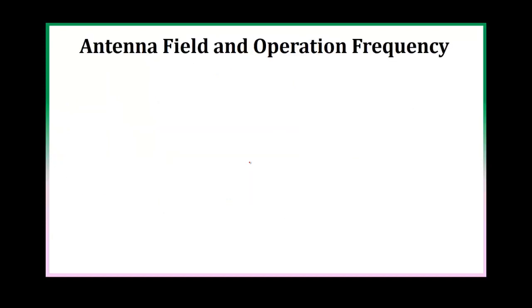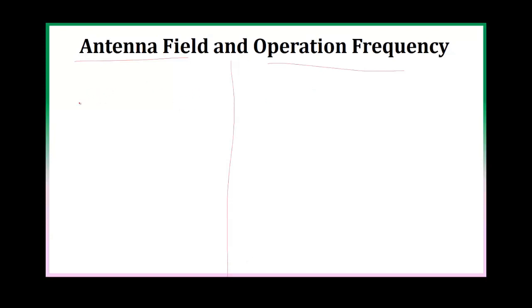All right, so there is one more thing, which is called antenna field and operation frequency. These are different points. This is one segment and this is another segment. So first we'll see what the antenna field is.